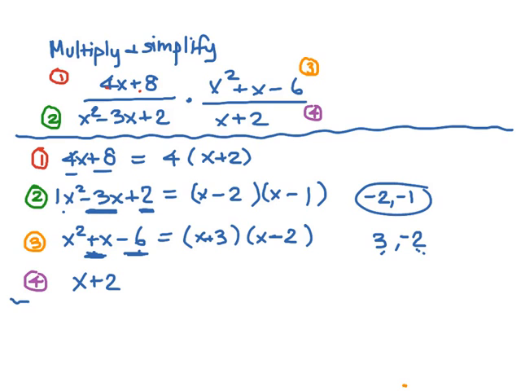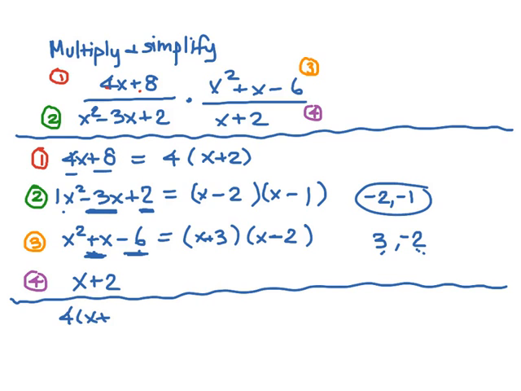So now, let's go ahead and rewrite everything in terms of their factors. So here, instead of 4x plus 8, I'm going to write 4 times x plus 2. And then in my denominator, instead of x squared minus 3x plus 2, I'm going to write x minus 2 times x minus 1.